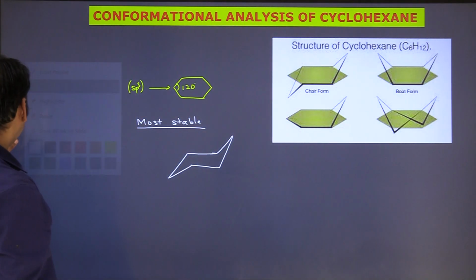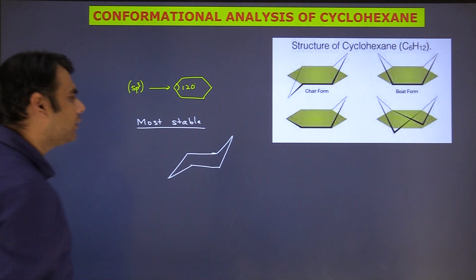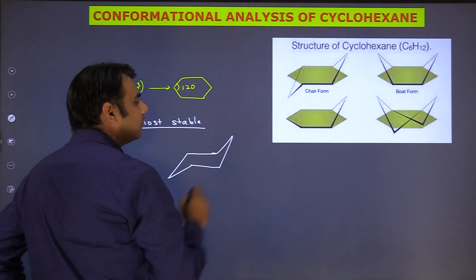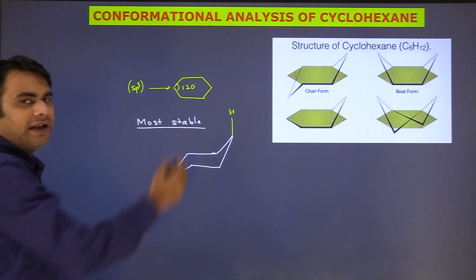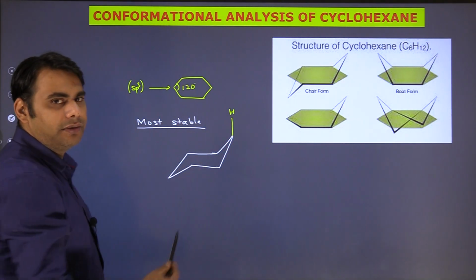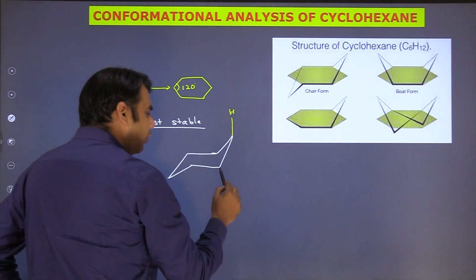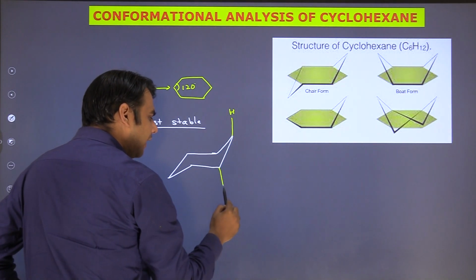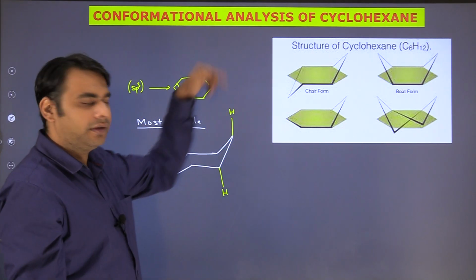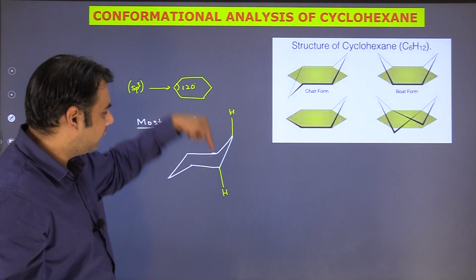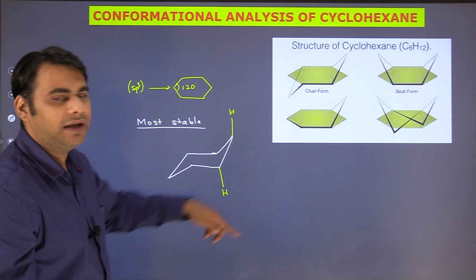Now what happens in a chair-like structure is, if you look at it closely, there are two types of hydrogen. A hydrogen which is going completely in a plane. So this hydrogen is going above in a particular plane. The adjacent carbon will have a hydrogen in the opposite direction. So one hydrogen going up, the adjacent carbon will have the hydrogen in the same plane going down.